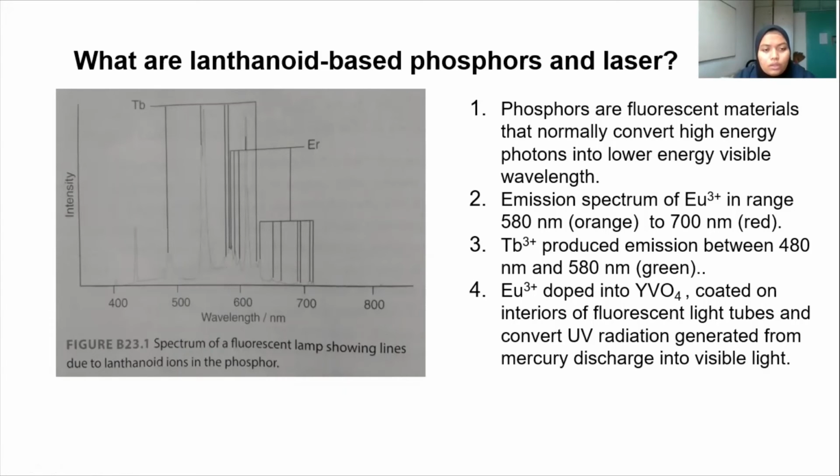Both of these wavelength ranges give the green color. Eu3+ doped into YVO4 is coated inside fluorescent light tubes, and it will convert the UV radiation generated from the mercury discharge into visible light.